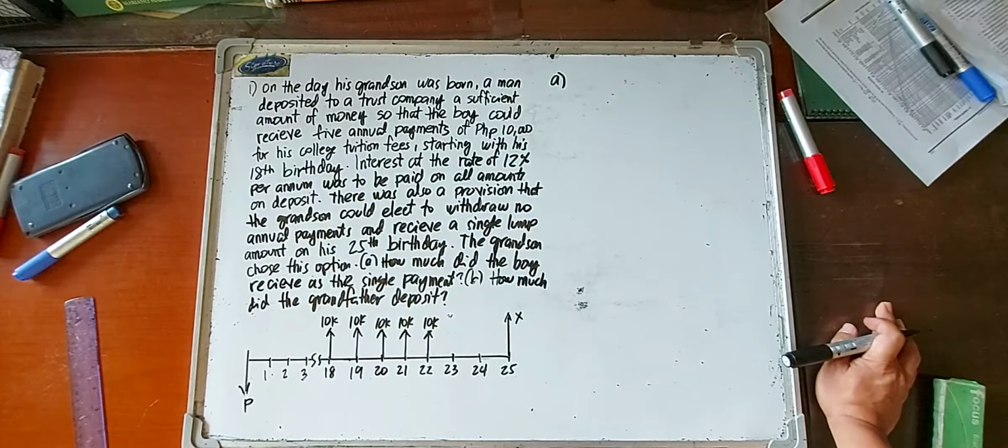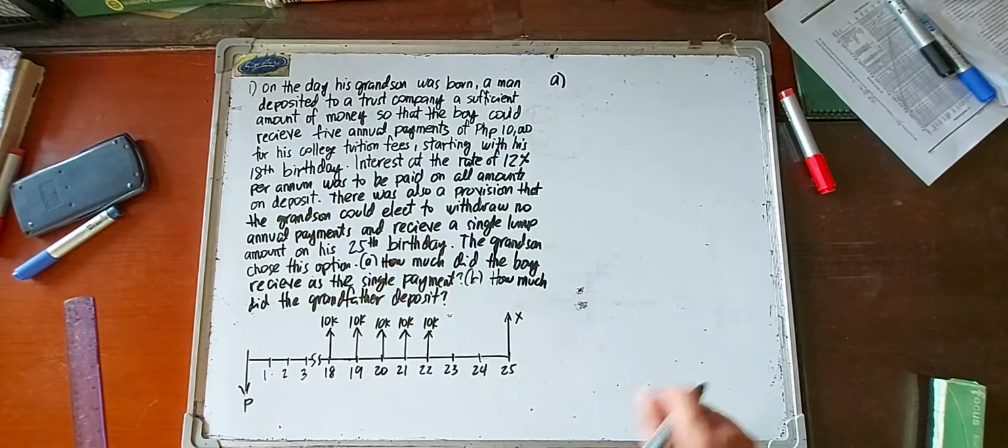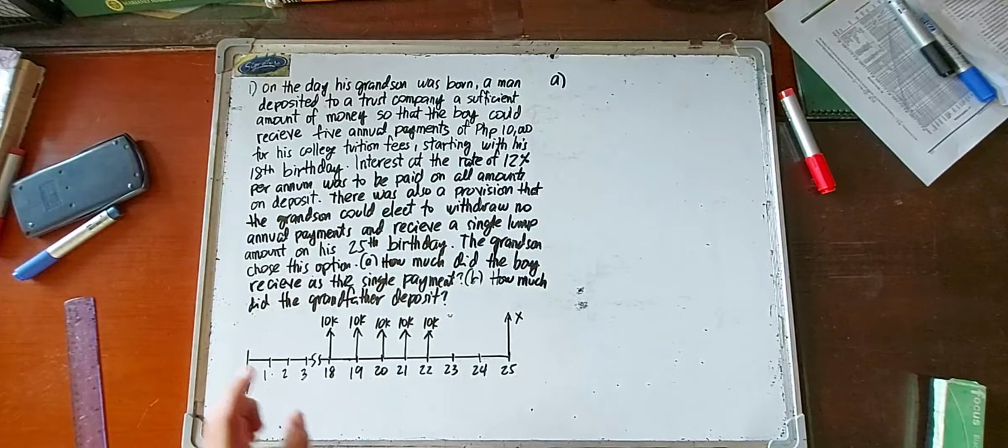Okay, so we have a grandfather that deposited a certain amount. We do not know that amount, so that by the time the grandson is 18 years old, college na siya, makaka-receive siya ng 10,000 pesos each year.